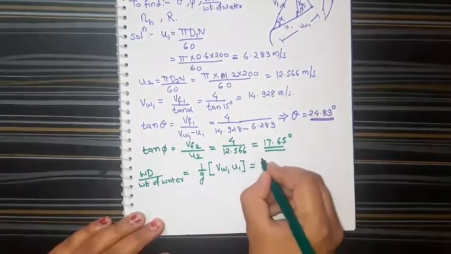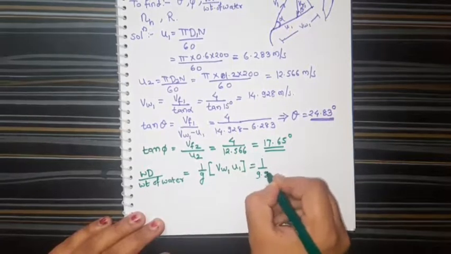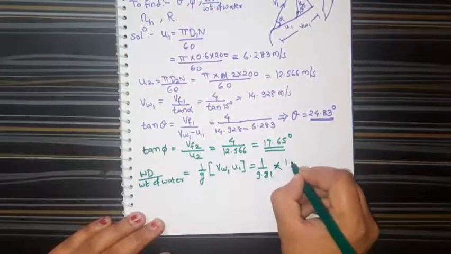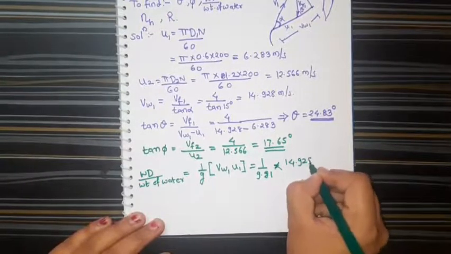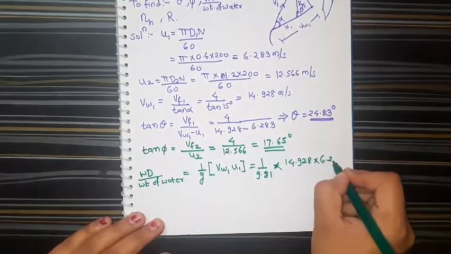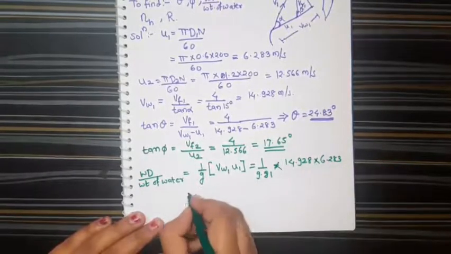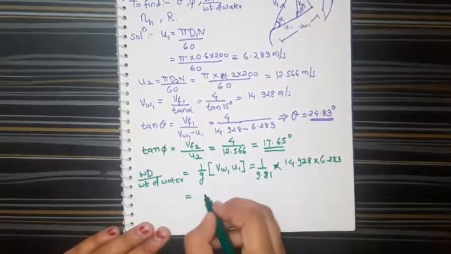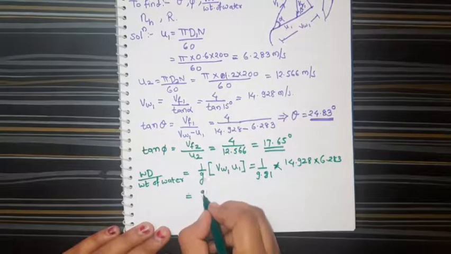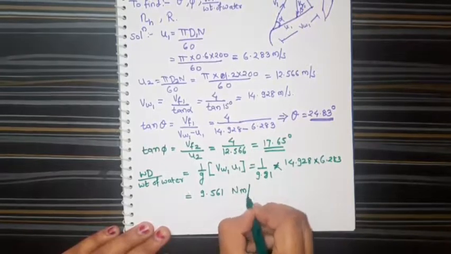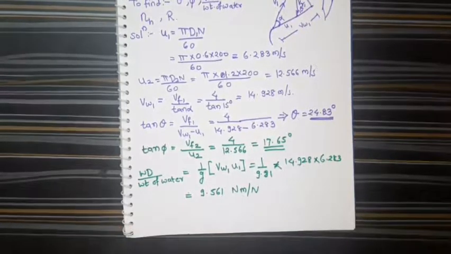Now we have all the values, so let's put them in: multiply by 14.928 and u1 is 6.283. We will get the value of the work done per unit weight of water equal to 9.561 Newton meter per Newton.